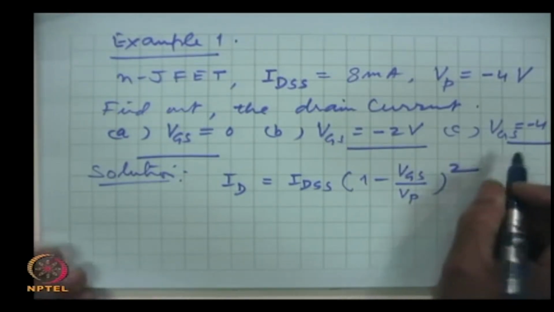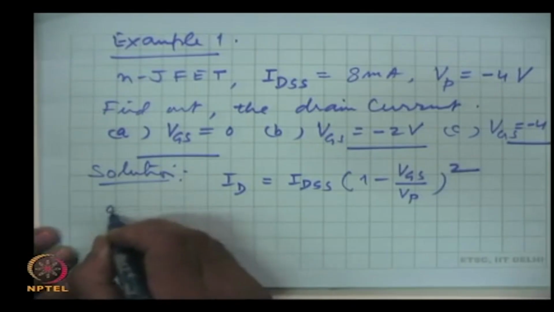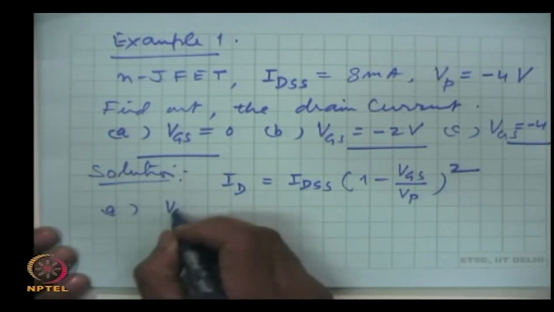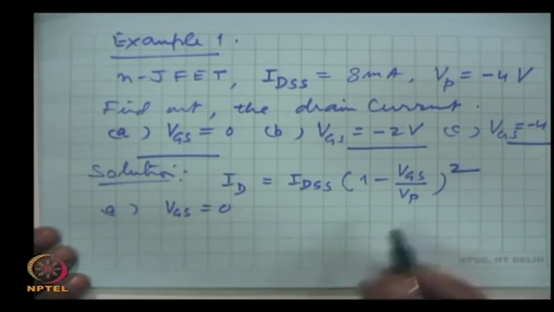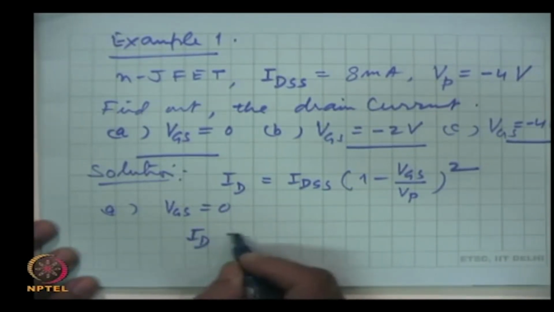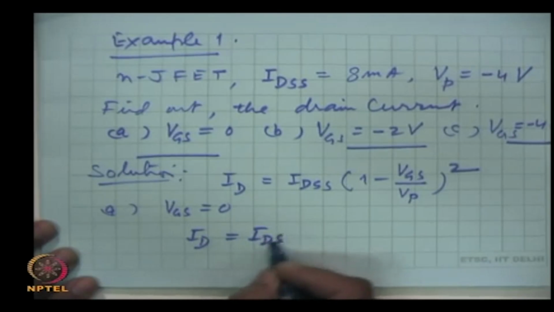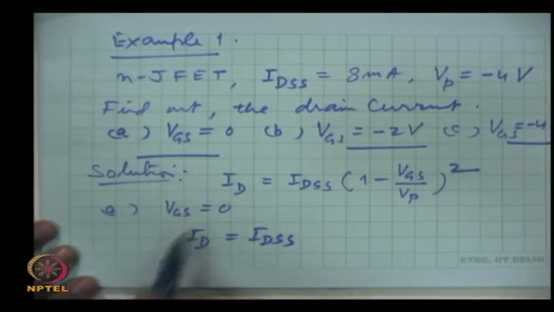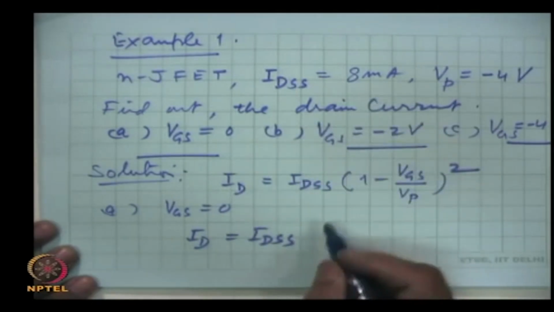square. Now A, VGS is 0. In that case ID comes out to be equal to IDSS when VGS is 0. This is the definition of the current IDSS, and this is given as 8 milliampere.